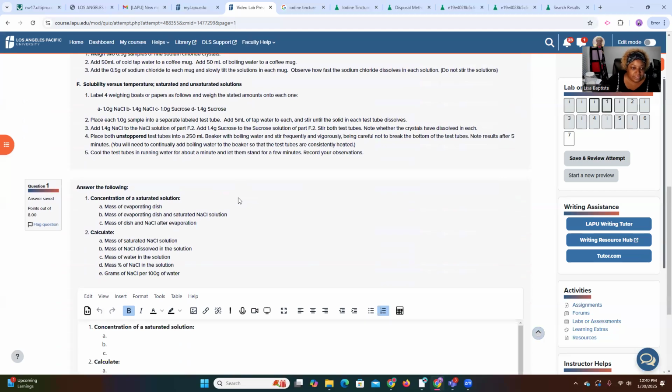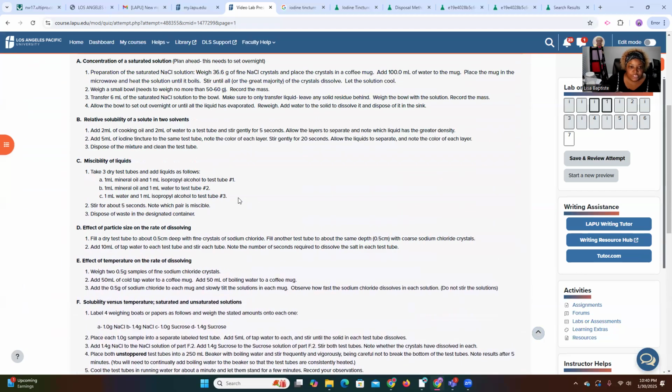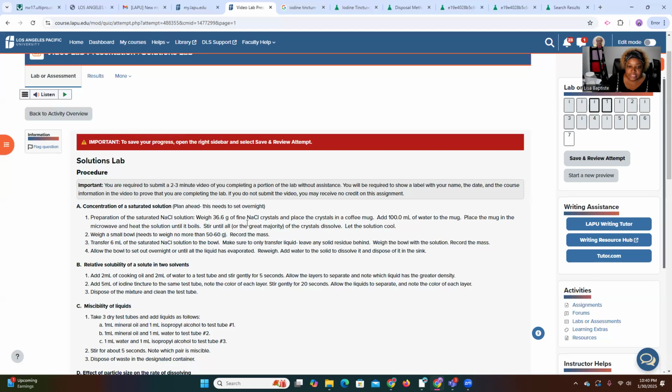All right. And so once you've measured out your 36.6 grams, you're going to place that into your coffee mug. You're going to add 100 milliliters of water. All right. And so remember, use the weighing boat and your electronic scale for masses. Use your graduated cylinder for volumes. Okay. So when it says you add 100 milliliters of water to the mug, this only goes up to 10, so you need to measure out this 10 times.